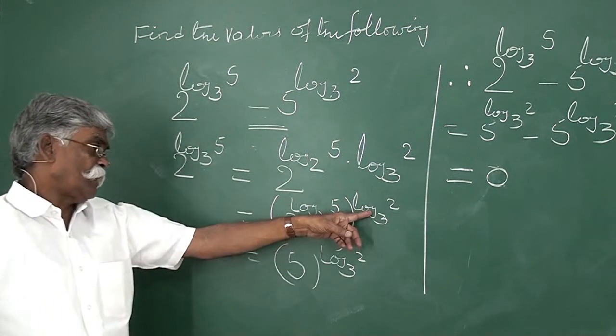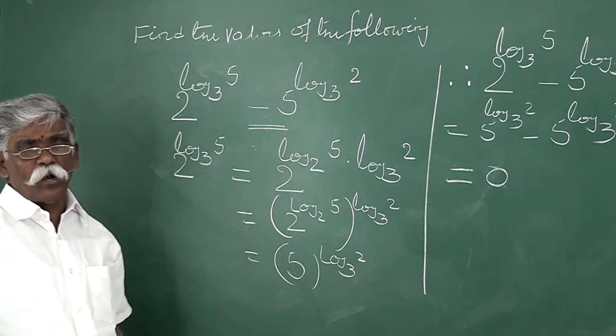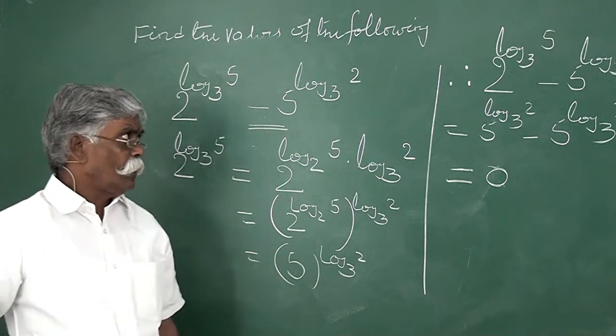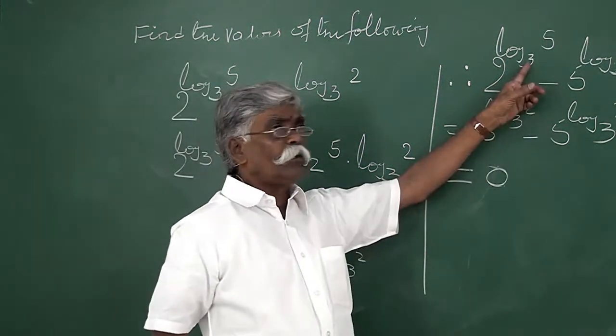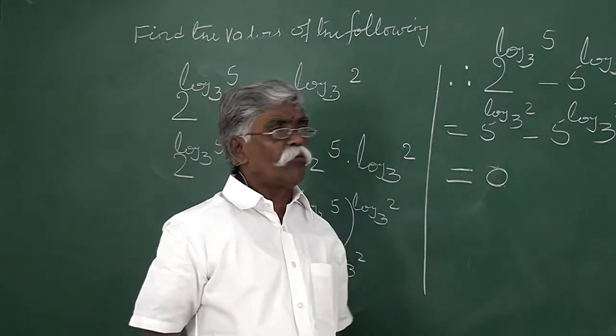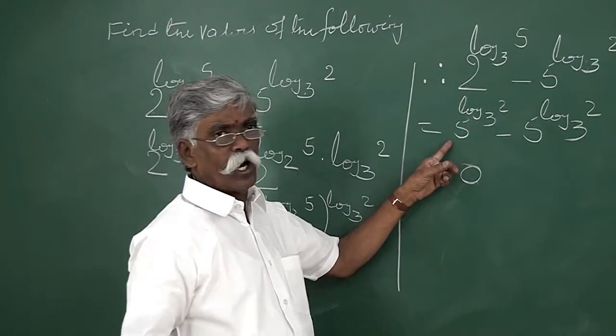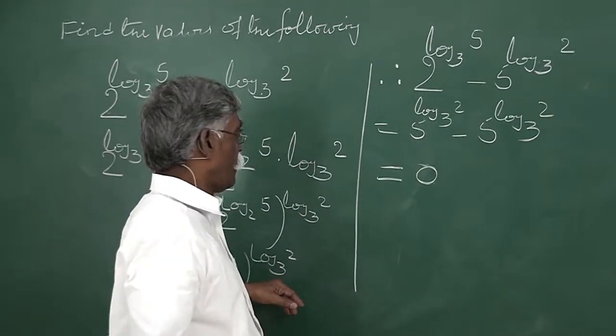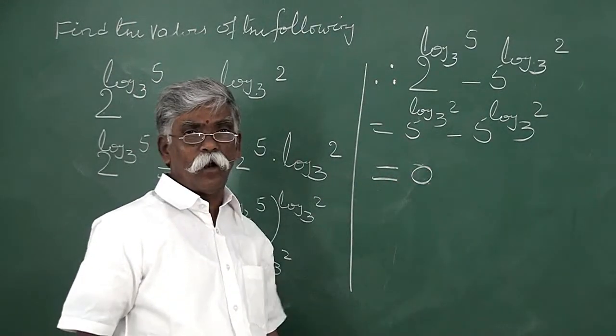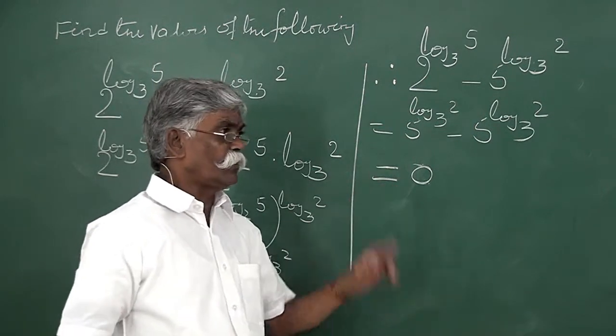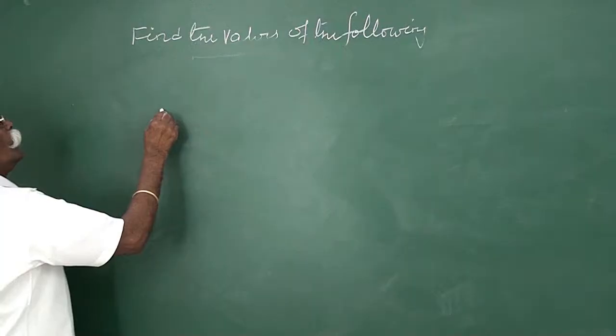So the power is as it is, therefore this value is 5 power log 2 to the base 3. Therefore 2 power log 5 to the base 3 minus 5 power log 2 to the base 3 is equal to 5 power log 2 to the base 3 minus 5 power log 2 to the base 3, and it is equal to 0.